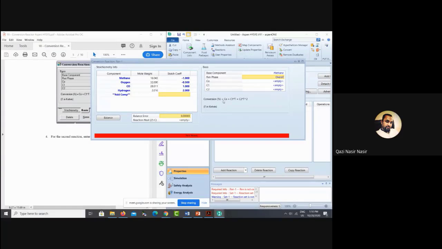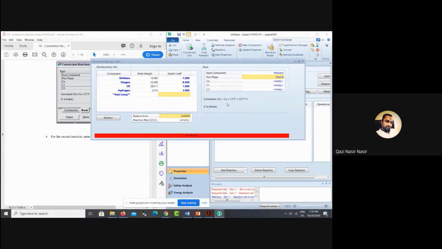This means the conversion is 40%. Okay, in exams, if I give you the values of C naught, C1, and C2, and you know the temperature also, you can use this whole formula to find the conversion. Remember the temperature is in Kelvin. You cannot use degrees Celsius in this question.